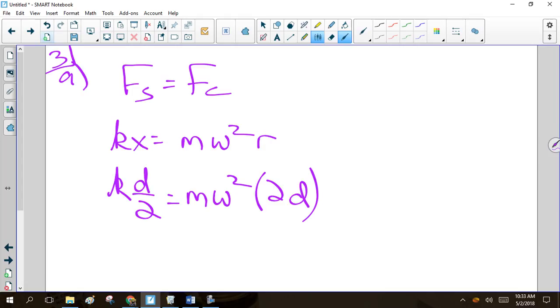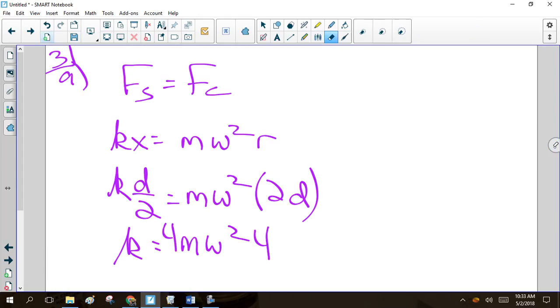An expression for the spring constant, right? So multiply both sides by 2 and divide by d, and you get k equals m omega squared times 4, and the d's cancel, right? So I guess let's put the 4 up front. There you go. Everybody good with that? All right.